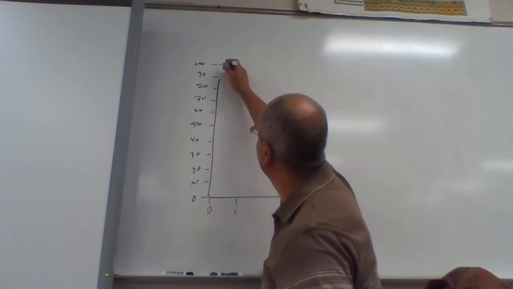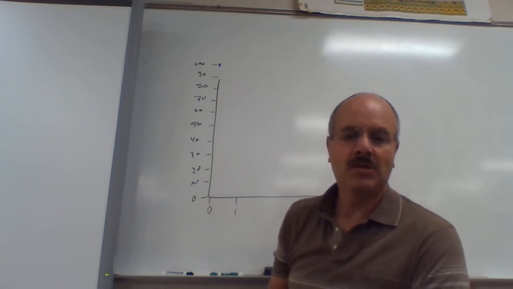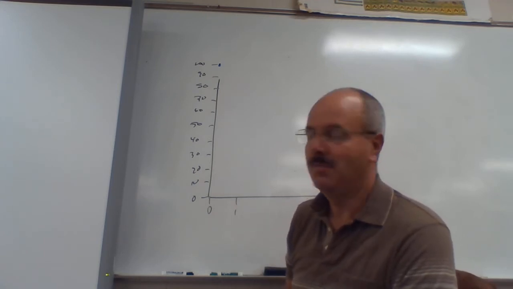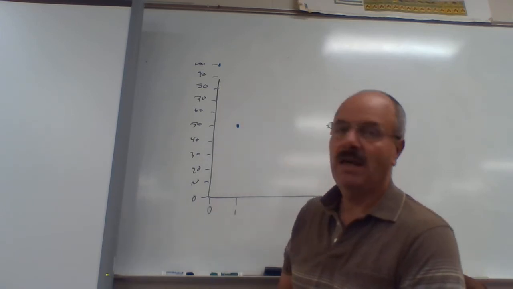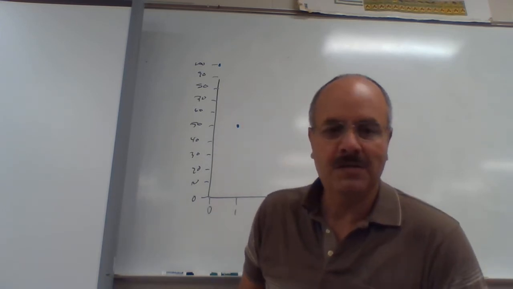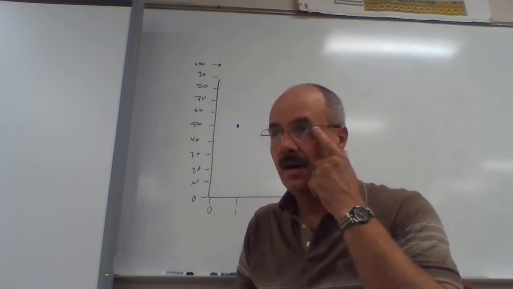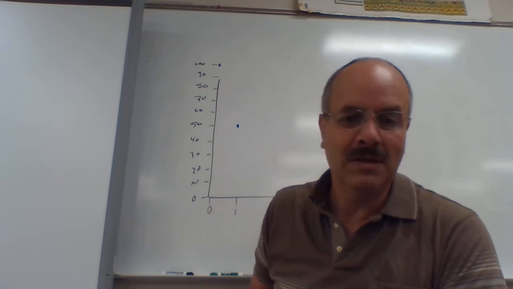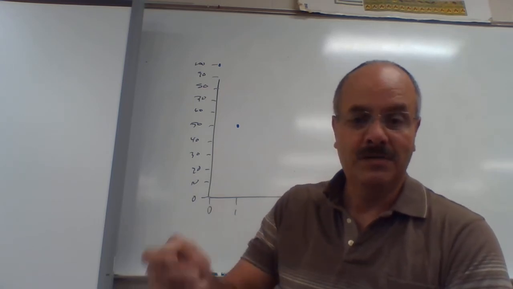At 0, before I start, I'm going to have 100. Then my first trial, I end up with 50 heads. Now, what I want you to do is take how many times you got heads and flip the coin that many times.